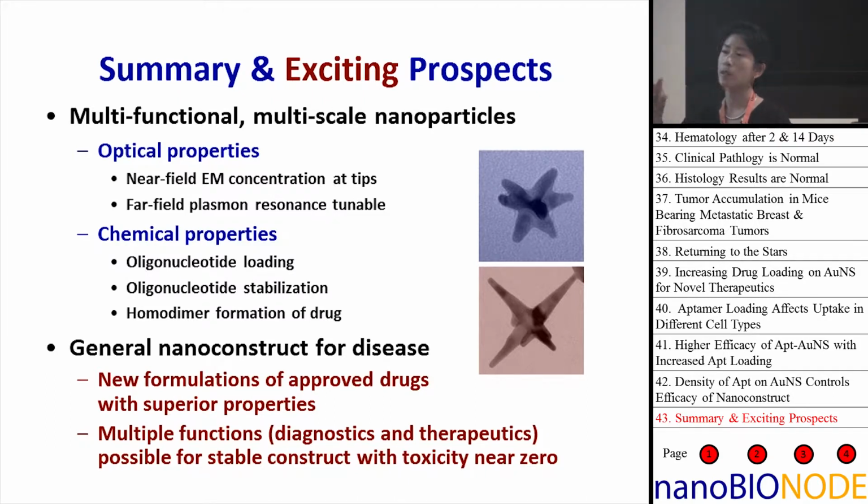But then we could also estimate like how many tips that we have and see whether that corresponds to how many. And we haven't done it. And it's about the same percentage of release even when we have higher loading. So I think what that points to is that the shape matters a lot. You need to get things at the tips. Of course, if we heated the particles up, then you'd get 100% release, but we didn't want to have heating profiles that we couldn't control.